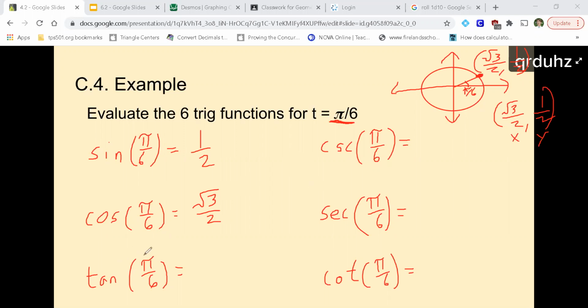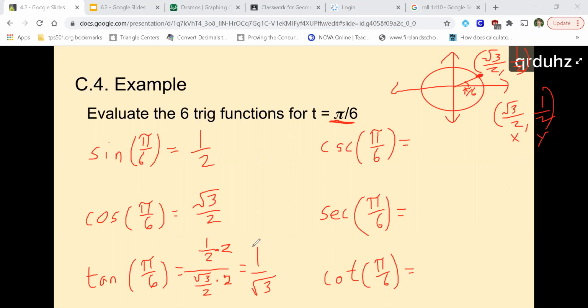The tangent of your angle t is supposed to be y over x, so it'll be a half over the square root of 3 over 2, but that is not an appropriate answer, right? It's got a fraction within a fraction. So if we fix that by multiplying by 2, you'll get 1 over the square root of 3.